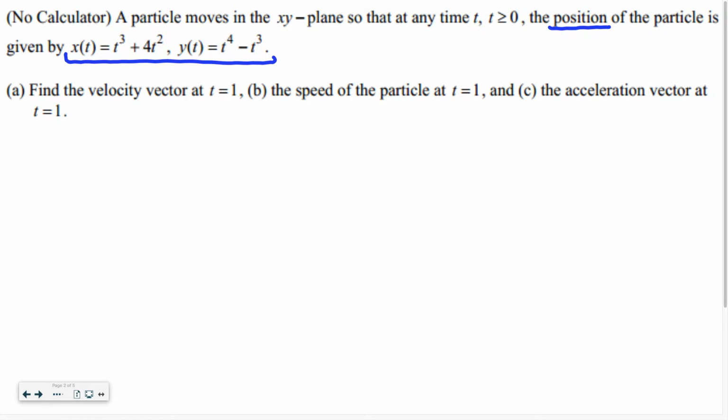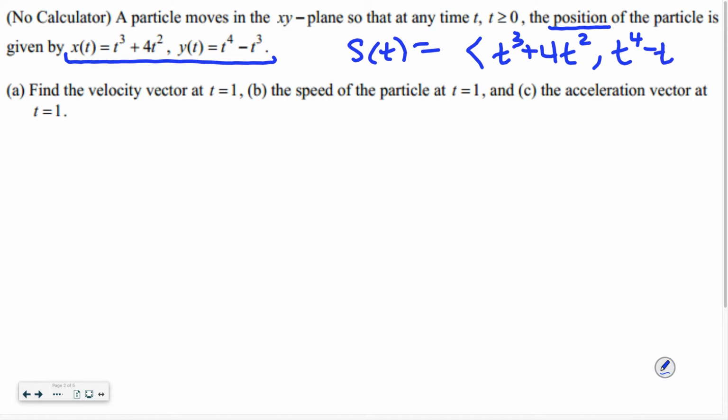Not all the time will your position be given to you in a vector. But if we made this a vector valued function, we could say our position is the vector t cubed plus 4t squared, t to the 4th minus t cubed. Right now we're talking about the velocity vector. First we need the general velocity vector.